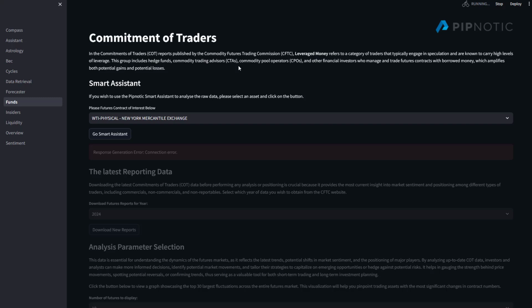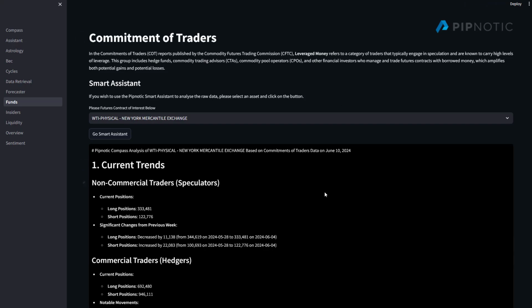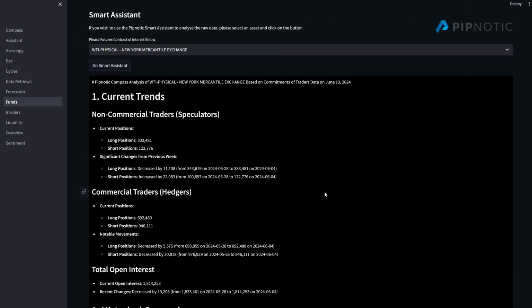So what it's doing now is trying to make sense of this data frame that I've built, based on the graphs that you saw a second ago at the bottom of the chart. Once it's run, it spits out this information, taking the most recent data and comparing it to some of the previous data. You can see here, long, this is non-commercials, we have about 333,000 long positions.